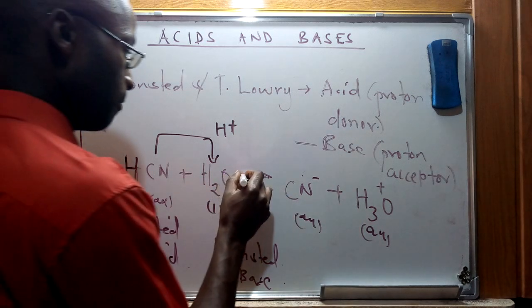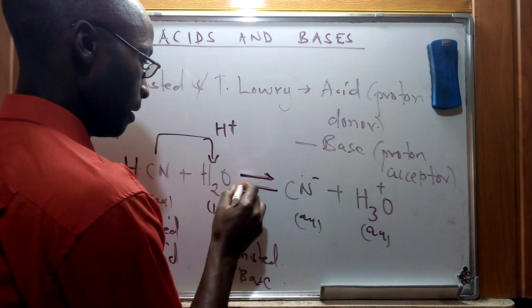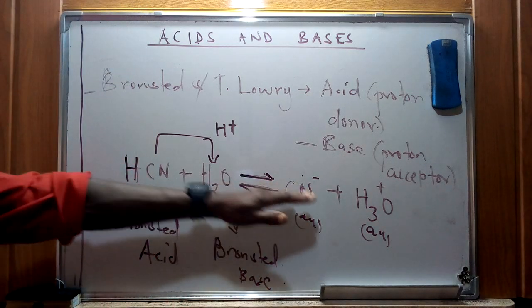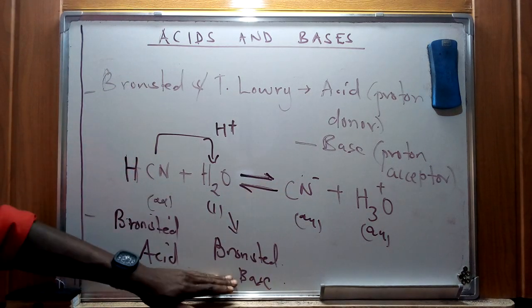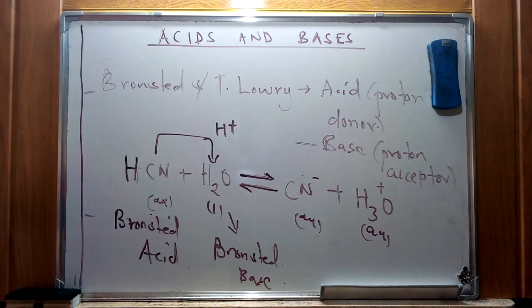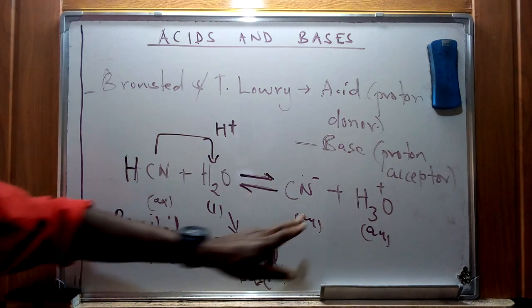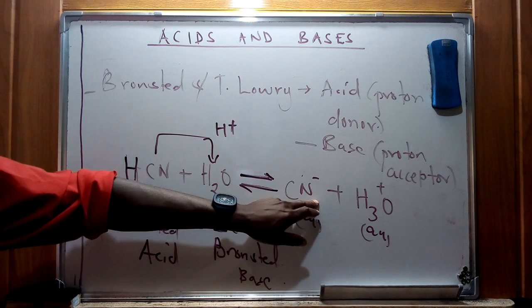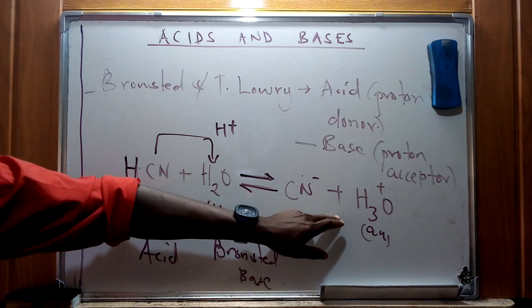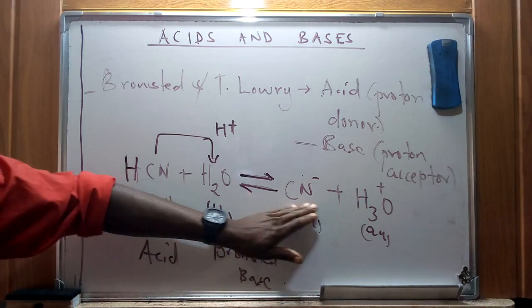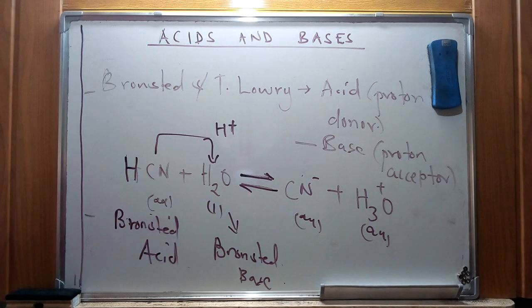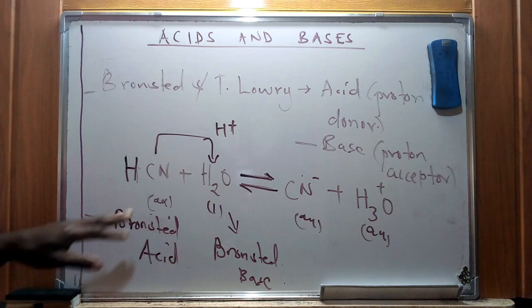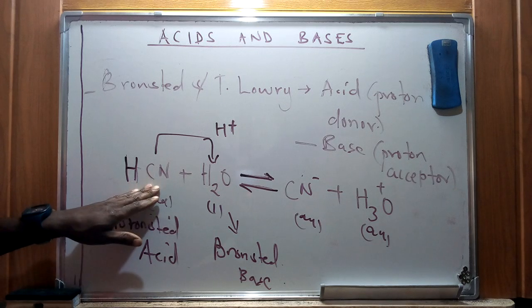I'm just referring to this direction for the forward reaction. We consider this one a Bronsted acid and base as per the definition of Bronsted and Thomas-Lowry respectively. For the backward reaction, the CN negative and the hydronium ion are considered the Bronsted base and Bronsted acid respectively.